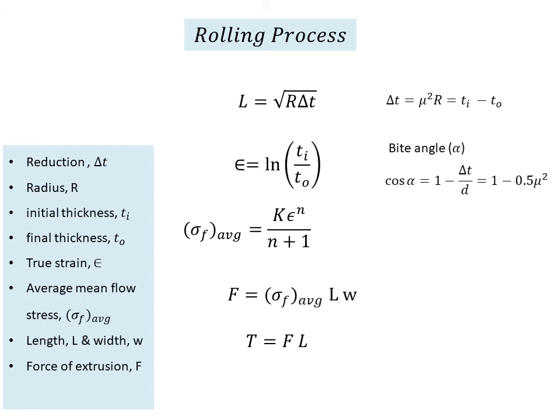So on the left hand side we have brief information about all the formulas used. For the first, reduction means delta T, radius means delta R, initial thickness will be Ti, final thickness will be To, true strain is equal to epsilon, average mean flow stress is equal to sigma f average, and the length L and width W, force of the extrusion which is F.